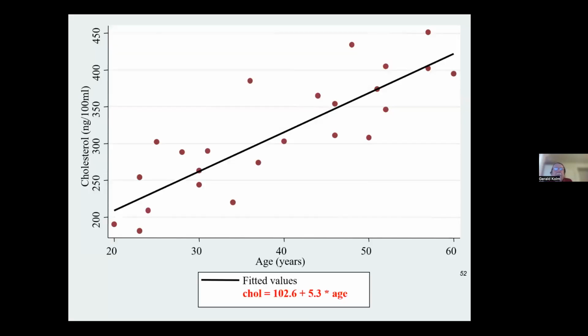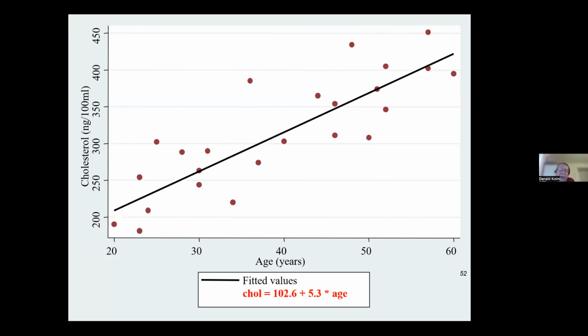Okay, and so when we plot these, we get a regression equation, and this line represents our fitted values and then our predicted values. And basically you can see that some of the observed values are very close to the predicted value, but some are not quite so close.